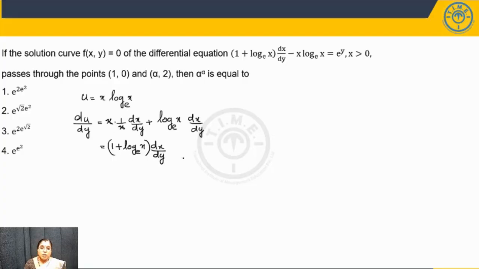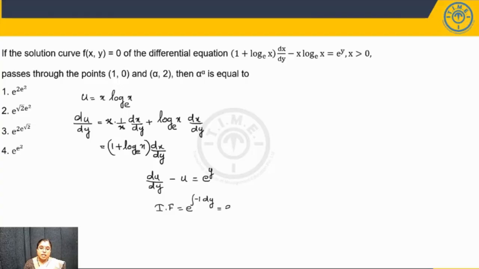So now your equation is of the form du by dy minus u equal to e raised to y. So now this is of the form dy by dx plus Py is equal to Q. So let's find out the integrating factor. The integrating factor is e raised to integral of minus 1 dy.